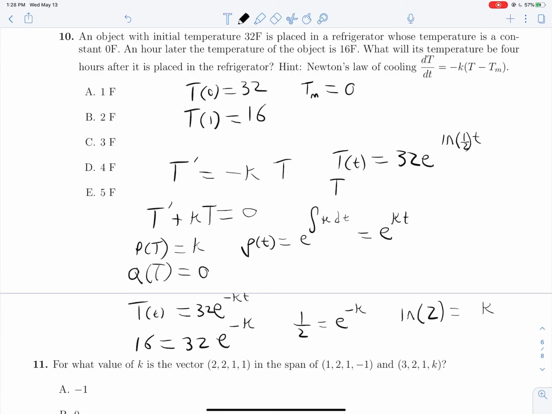That gives us T of 4 is equal to 32 e to the ln 1/2 times 4. Since we have a natural log in the exponent, we can rewrite this as 32 times 1/2 to the 4th power. 1/2 to the 4th power is 1 over 16. 32 over 16 is equal to 2. And there's our answer, B for number 10.